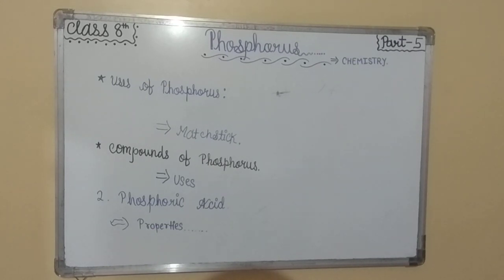Second point, it contains 3 replaceable hydrogen atoms. Therefore, it reacts with 1, 2 or 3 molecules of sodium hydroxide, NaOH, and gives different phosphates.